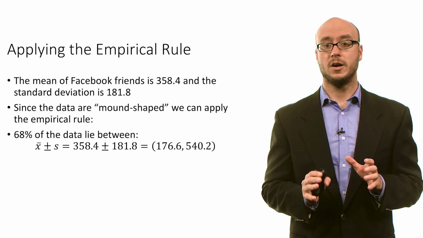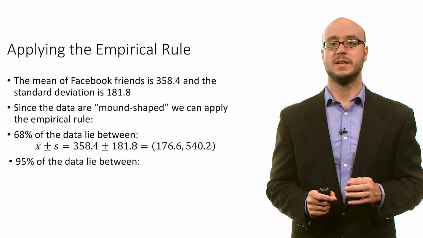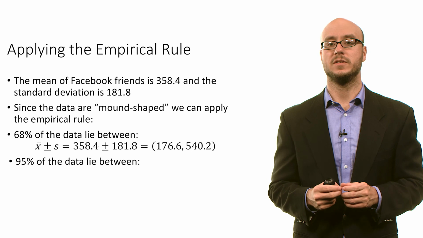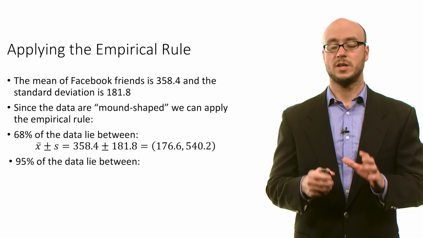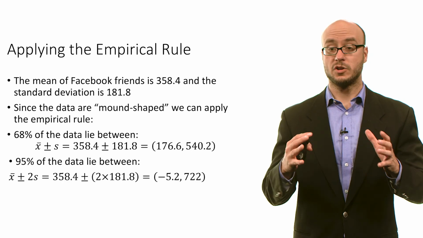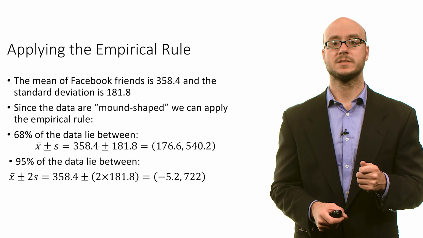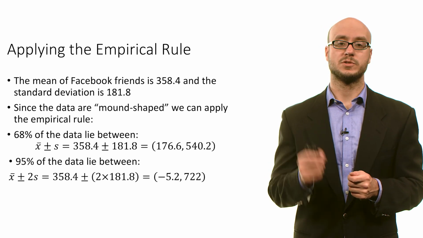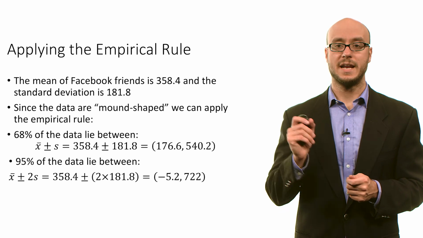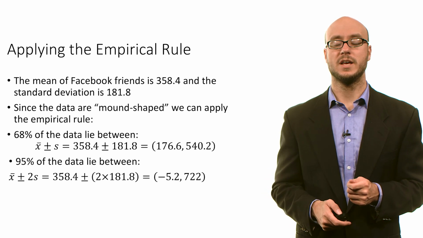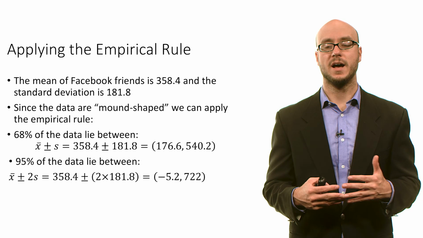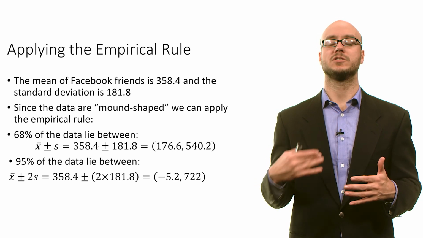We can go further though, and we can say that 95% of the data lie within two standard deviations of the mean. So here we can construct an interval. All we're doing is taking the mean of x, subtracting 2 times the standard deviation and adding 2 times the standard deviation. So we get this interval of negative 5.2 to 722.